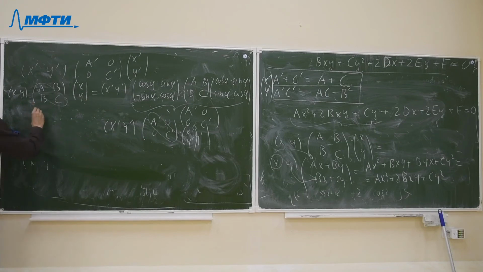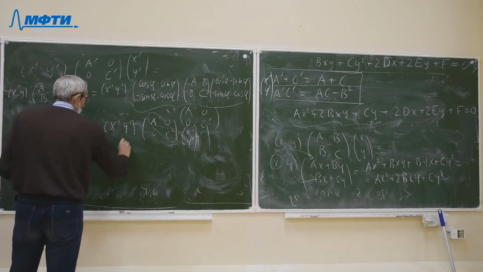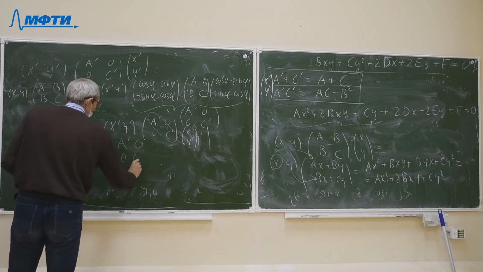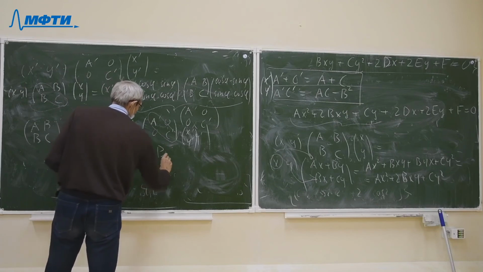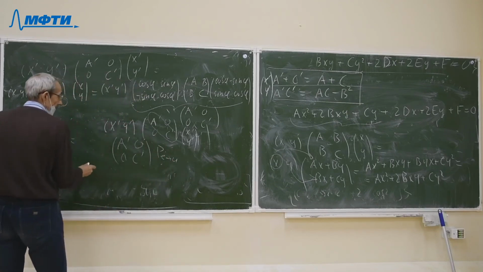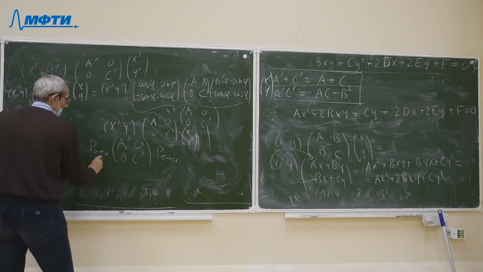We have two matrices, A, B, B, C, and this matrix A prime, C prime, and these two inverse matrices.